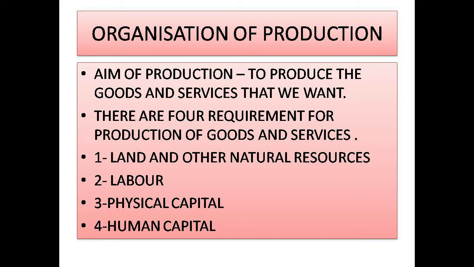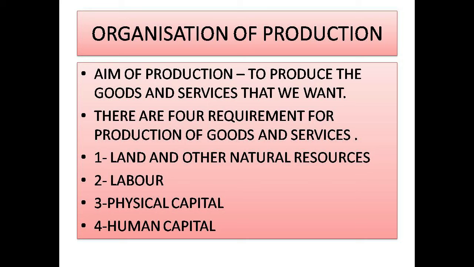Let us first talk about organization of production. Aim of production is to produce the goods and services that we want. There are four requirements for production of goods and services. First one is land and other natural resources. Second, labor. Third, physical capital.